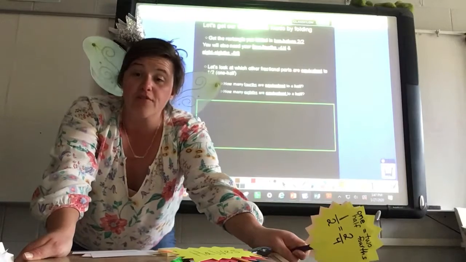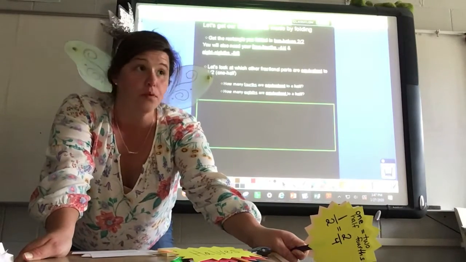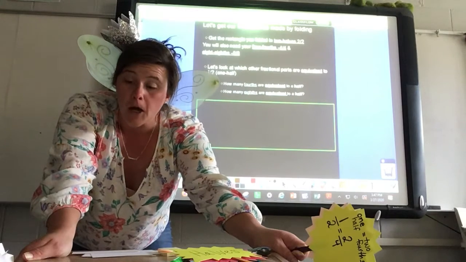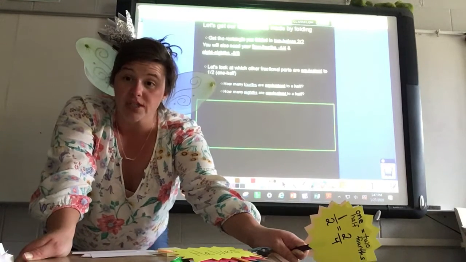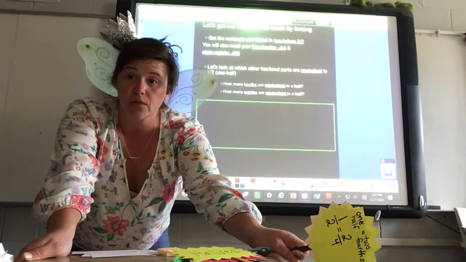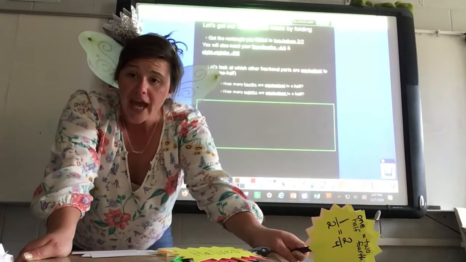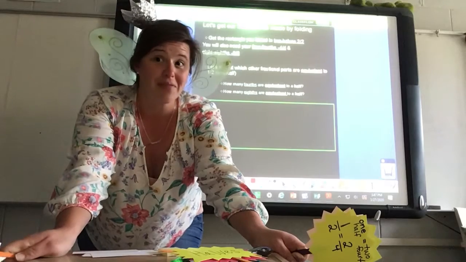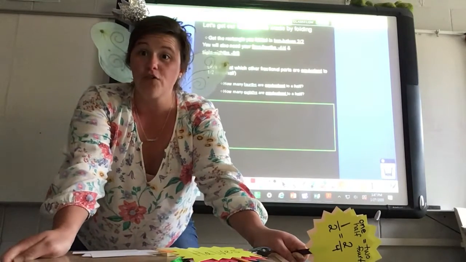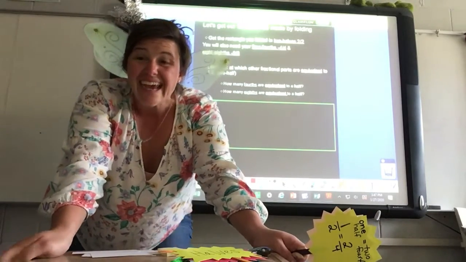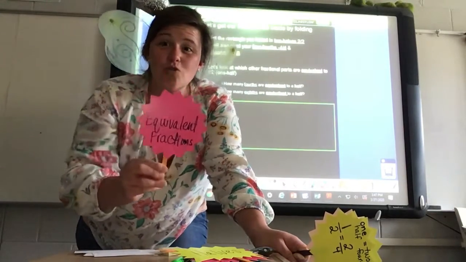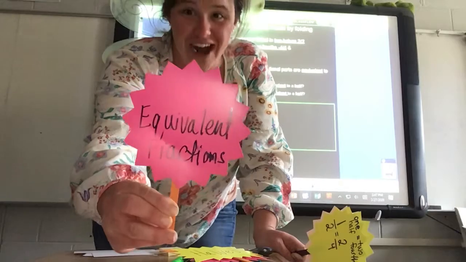We all know that a fraction is a part of a whole group or a part of a whole object. It's those parts that it's divided into. And we're going to continue talking about, who remembers from last time? Fractions, but equivalent fractions.